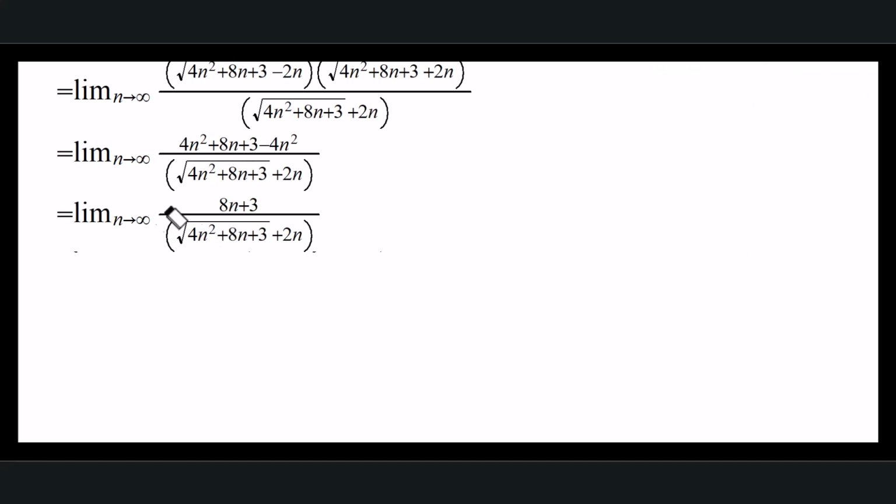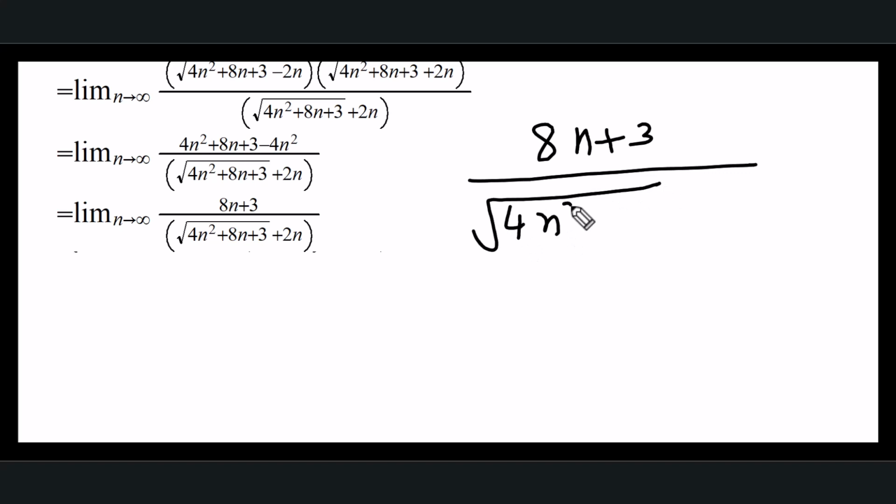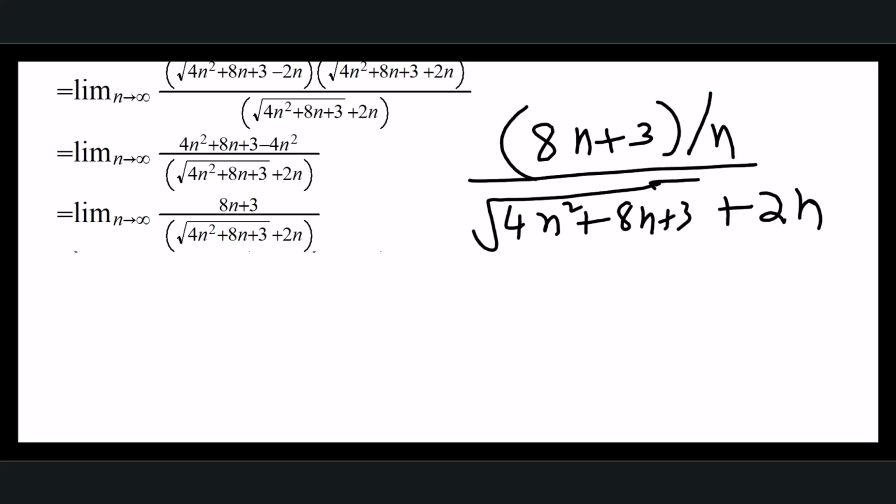Now we have to evaluate the limit of this quantity. So we want the limit of 8n plus 3 over the square root of 4n square plus 8n plus 3, plus 2n. Now notice this, we may just go ahead and divide both the numerator and the denominator by n, just an old algebraic technique again.